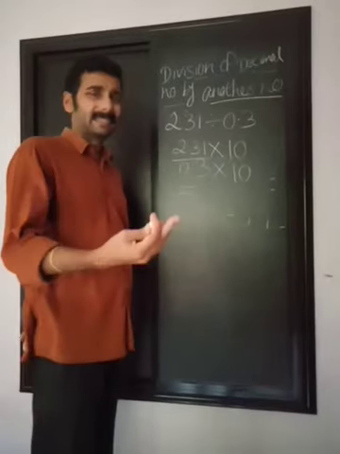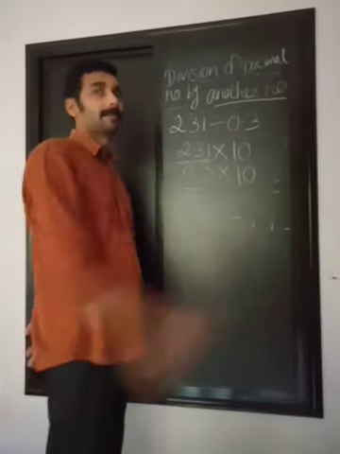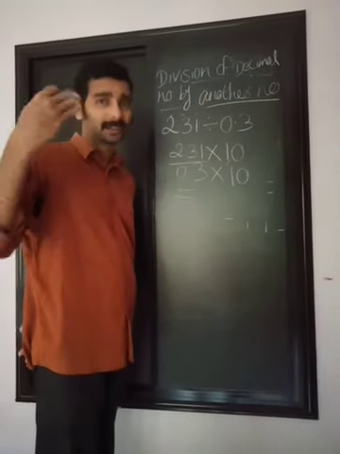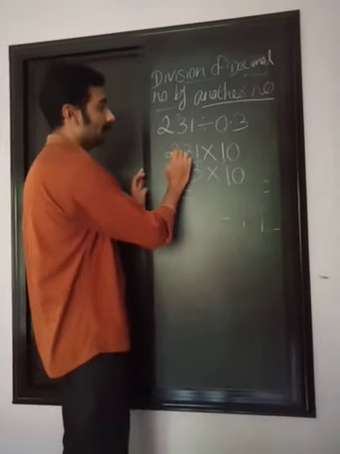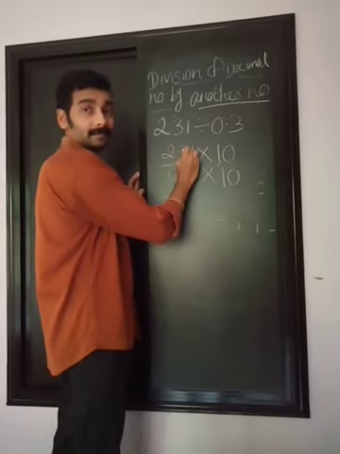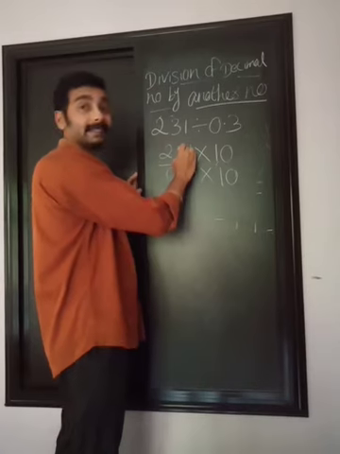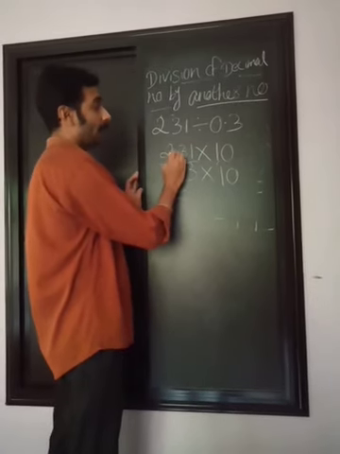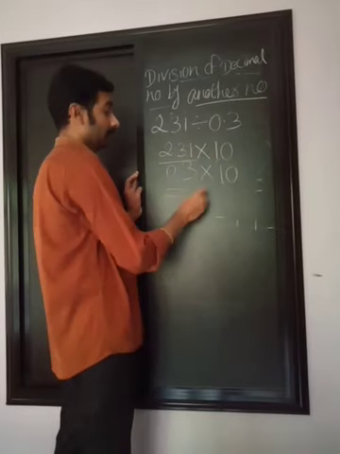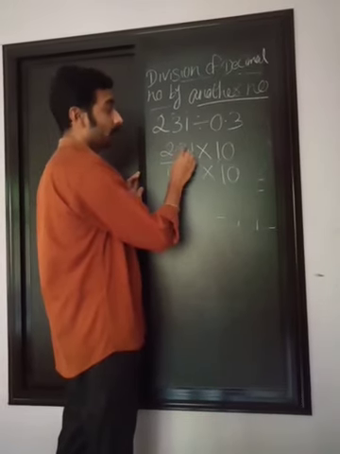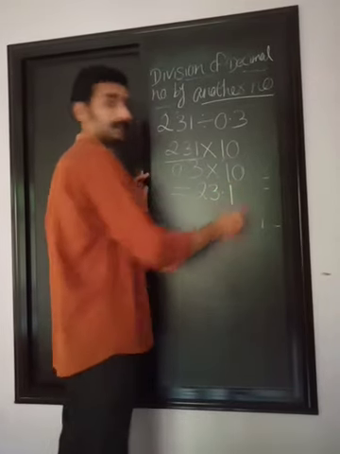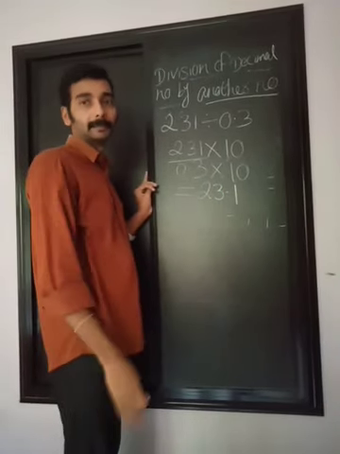It is simple. In the case of multiplication by 10, 100 or 1000, one place, the decimal moves one place to the right side. That means 2.31 into 10 means the point moves to this side, that is 23.1, or you multiply, no problem.